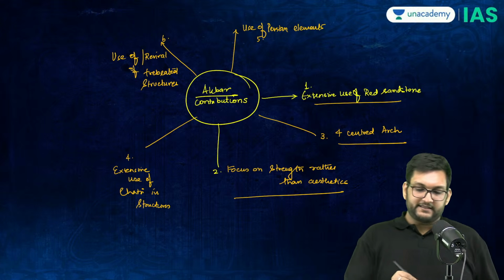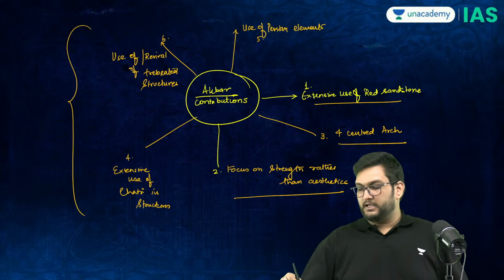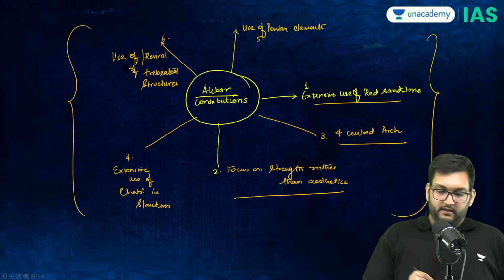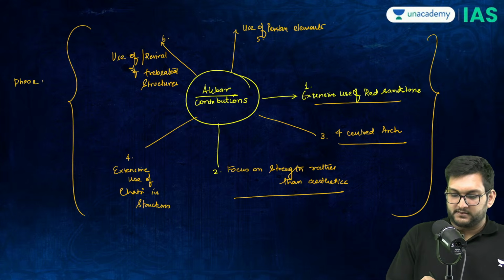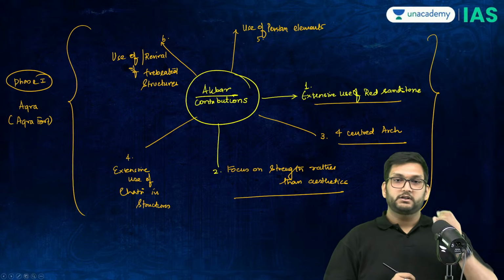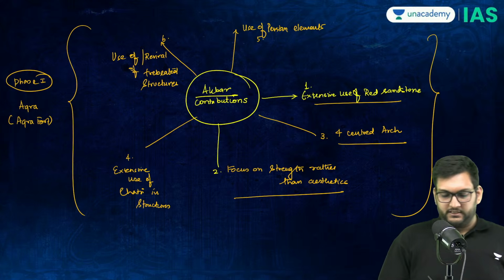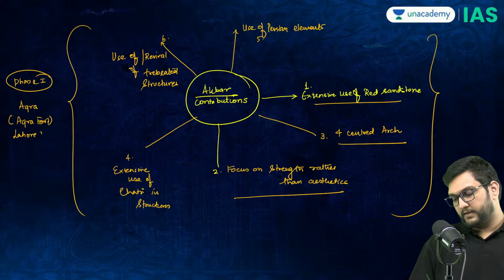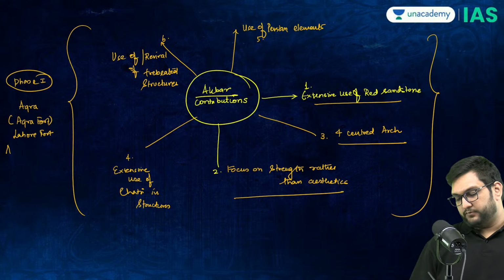And we will see this in two places. First phase is Agra, which is Agra Fort. We see this element in Lahore also, Lahore Fort. And we see it in the Allahabad Fort, now called Prayagraj Fort.